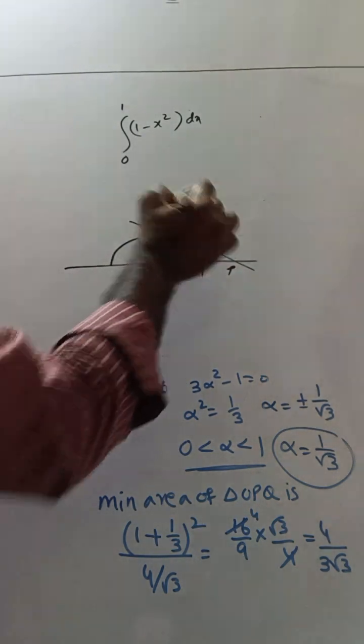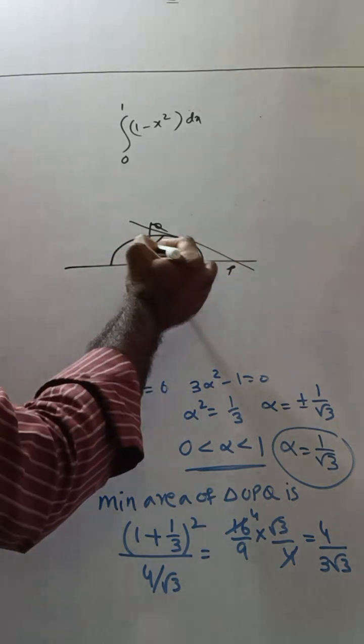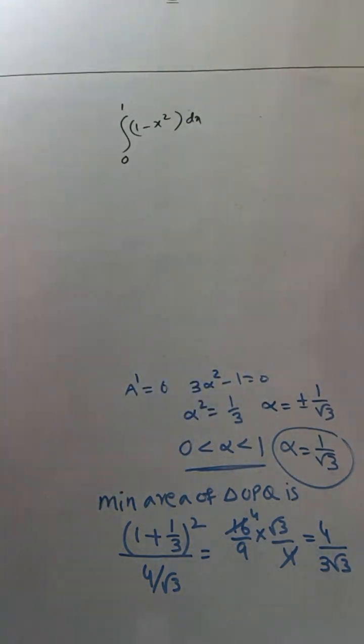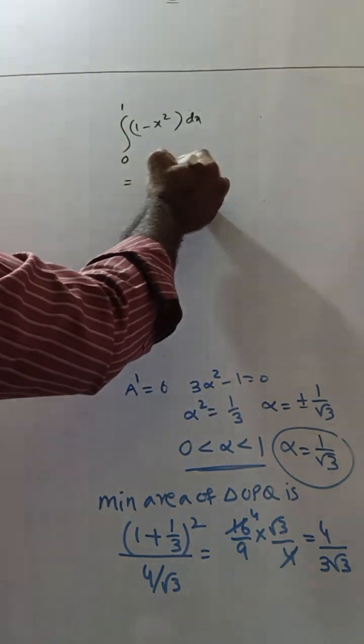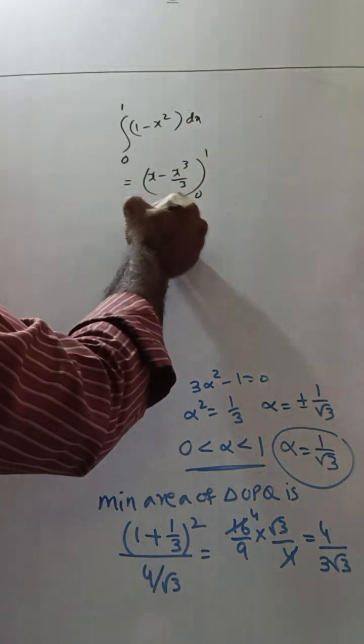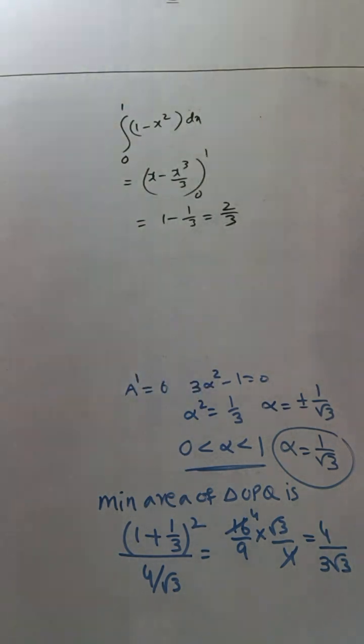This is our diagram. So the area between 0 to 1 by this curve is nothing but x minus x cube by 3 from 0 to 1. This is 1 minus 1 by 3. It is clearly 2 by 3.